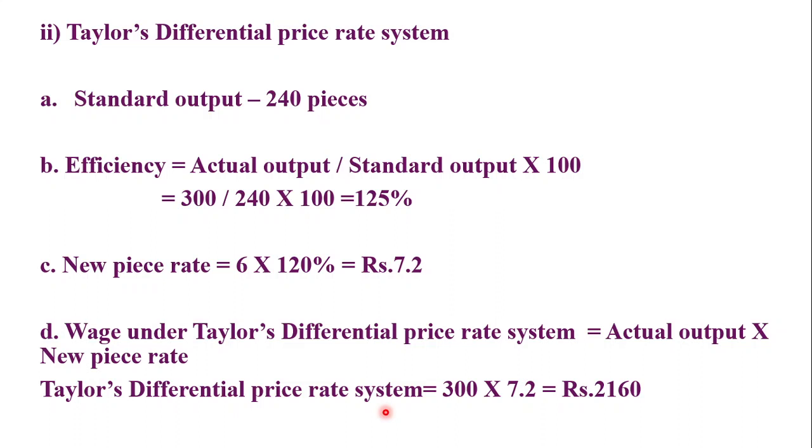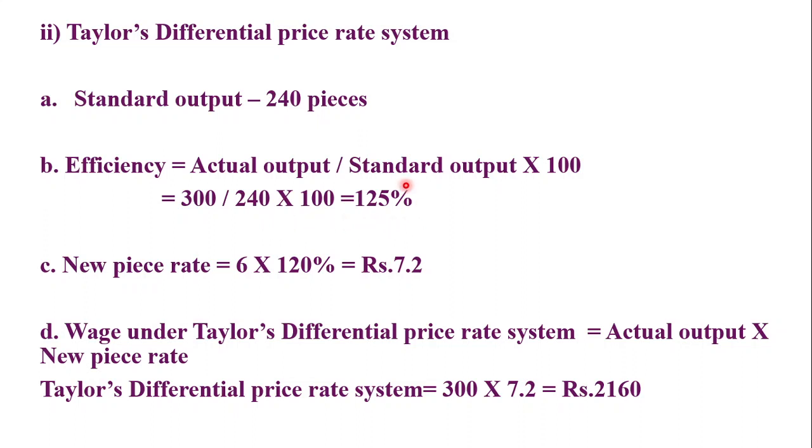Then Taylor's differential price rate system, here first we require the standard output, that is given as 240 pieces. Then we need to calculate the level of efficiency with the formula actual output divided by standard output into 100. Actual output is 300, standard output is 240 into 100.